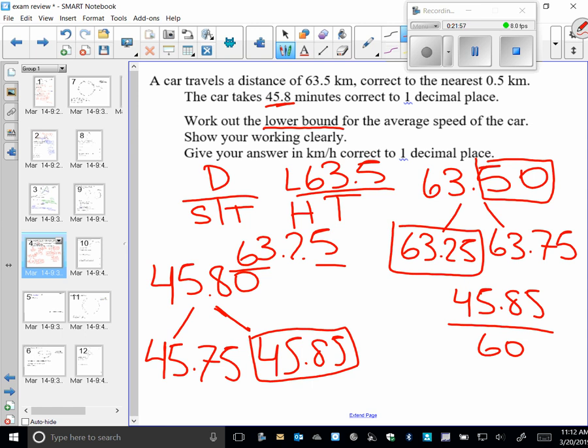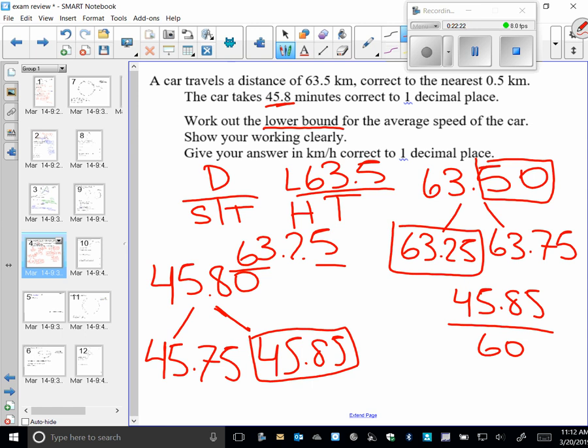So who asked why does it have to be? Because they're 60 minutes. Sorry, but it's a good question because people miss that. The units for distance is already in kilometers, so that's good. But the other unit is in minutes, so we need to change that to be hours first.